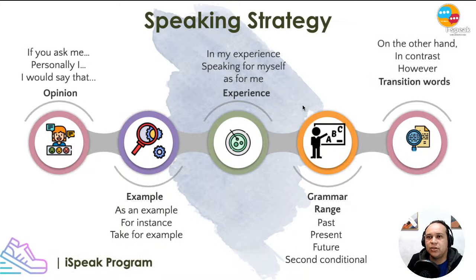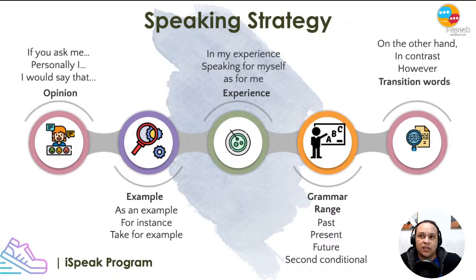And last but not least, we can use transition words. Transition words help us a lot when we want to change from one opinion to the other. There are linking phrases, linking words that help us join the ideas we have in mind whenever we want to say something. We have different kinds of transition words, and the ones I'm going to share with you today are contrast transition words. Whenever you say a sentence that is positive, you use a transition word to switch from positive to negative, or vice versa.